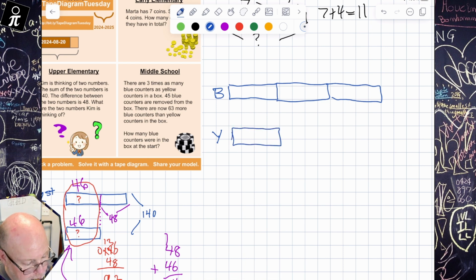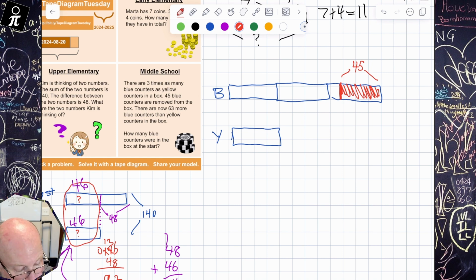And then it says 45 blue counters are removed, and there's 63 more blues than yellows. All right, so if I remove 45, I don't know what 45 looks like. I could stop right here for all I care. So that's my 45.